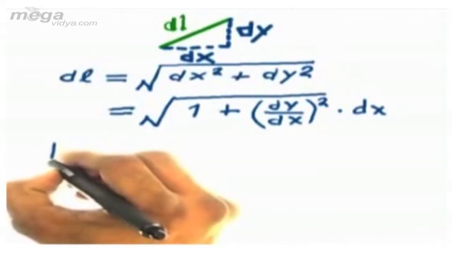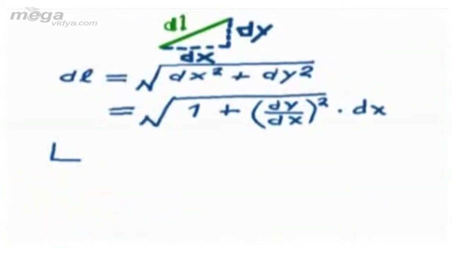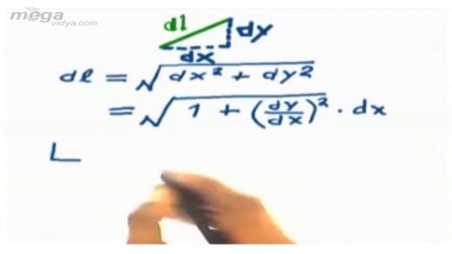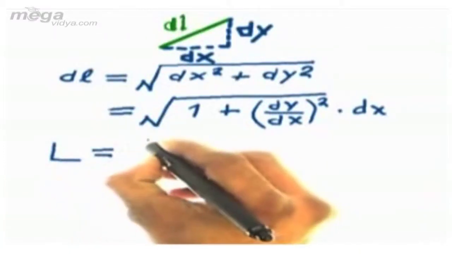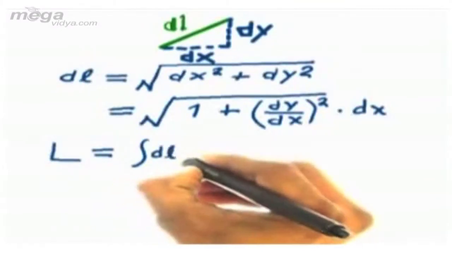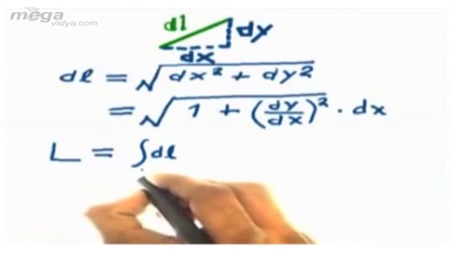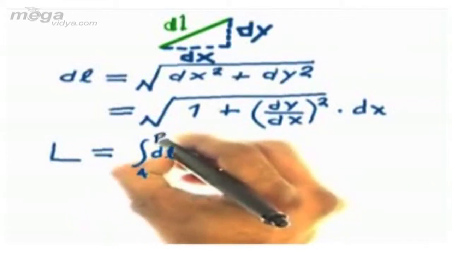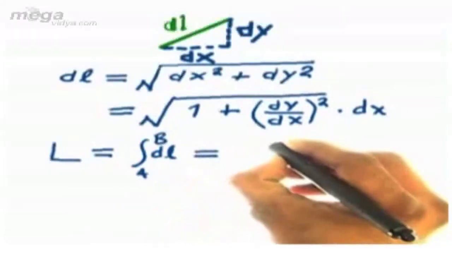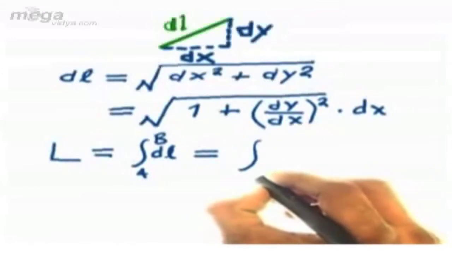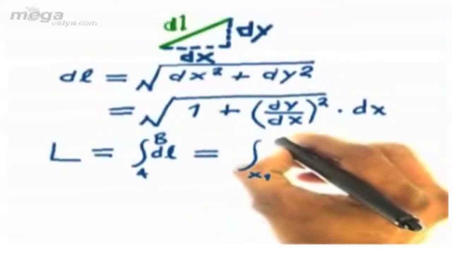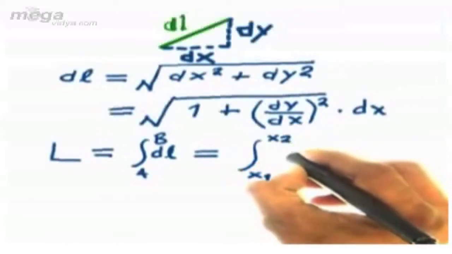As this is the small distance traveled in a very small part of its path, if we want to get the complete length of the path, meaning the distance traveled between A and B, then it can be achieved by adding all the small distances starting from A to B, that is, by integration within the limits x1 to x2.